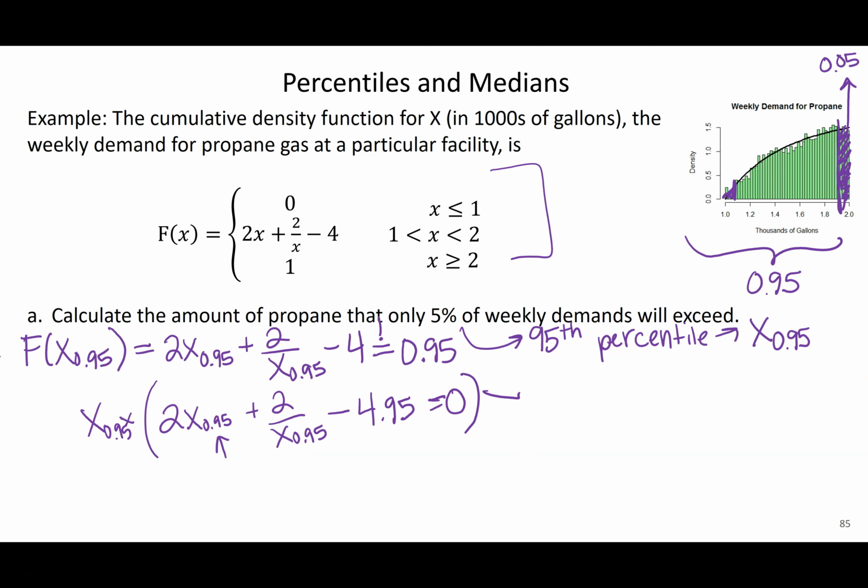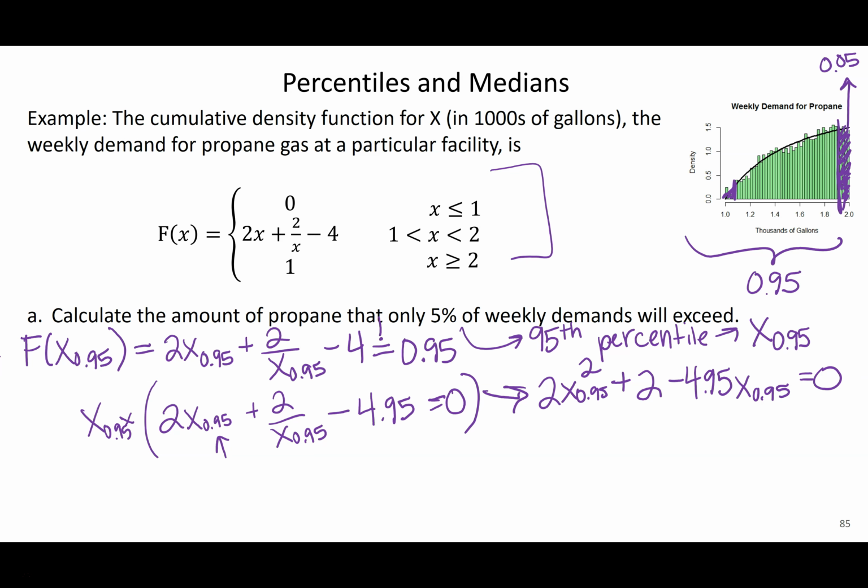So I'm going to get 2x 0.95 squared plus 2 minus 4.95x 0.95 equals 0. Did I go from there? I think I divided by 2.